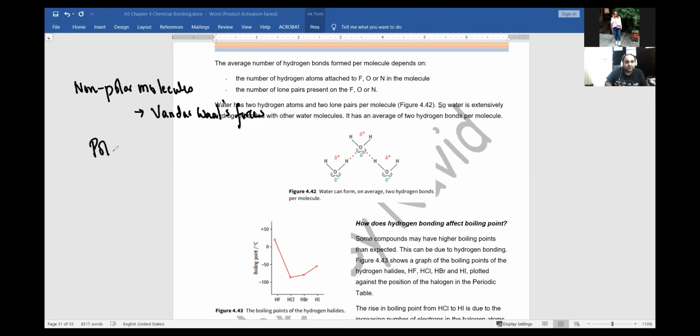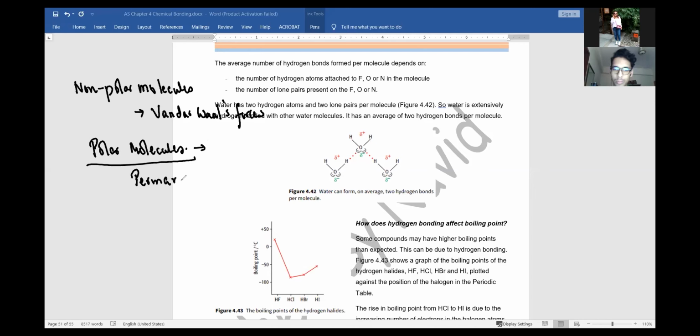For polar molecules, what do we have? Permanent dipole. Sorry. For polar molecules, Van der Waals forces is always present, irrespective of what type of forces.